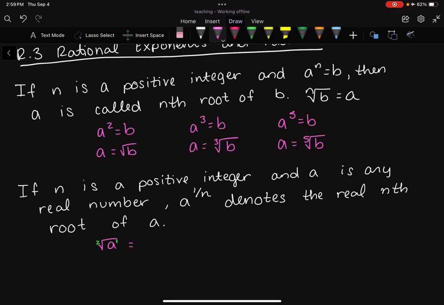So I can write this as a fraction exponent and say this is 1 over 2. So roots can be written as fractional, really rational, exponents. Let me show you if we had cubed. If I said the cubed root of a, this is the same thing as me saying a to the 1 over 3.